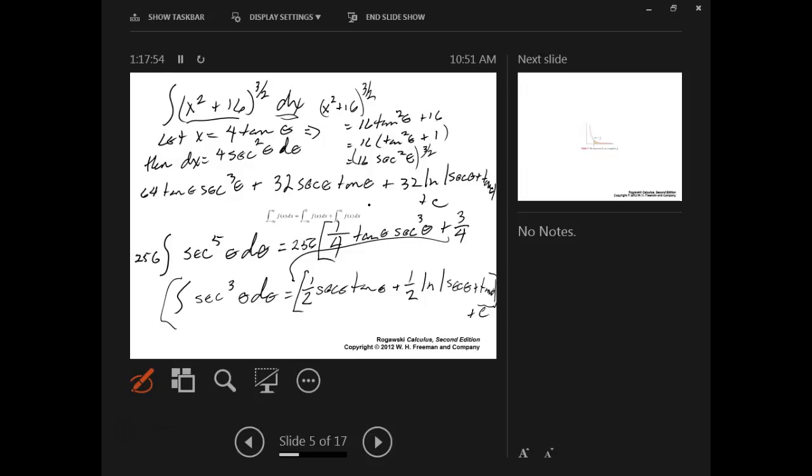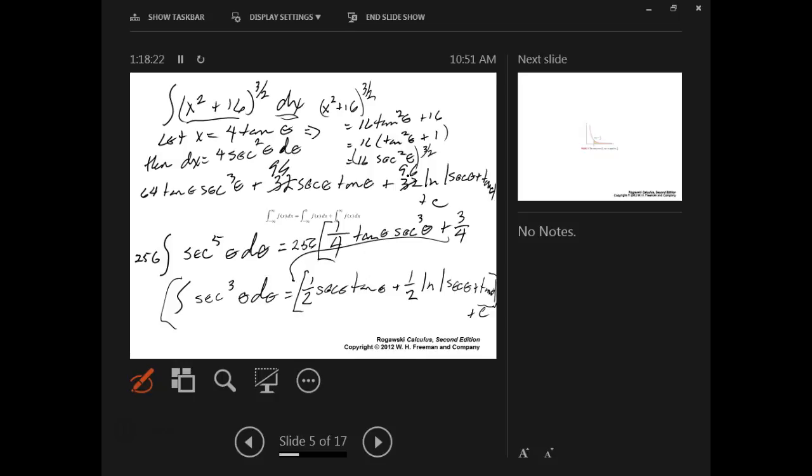I just did 1/4. 3 times 32 is 96. So 96 tangent theta secant theta plus 96 log of the absolute value of secant theta plus tangent theta, plus c.